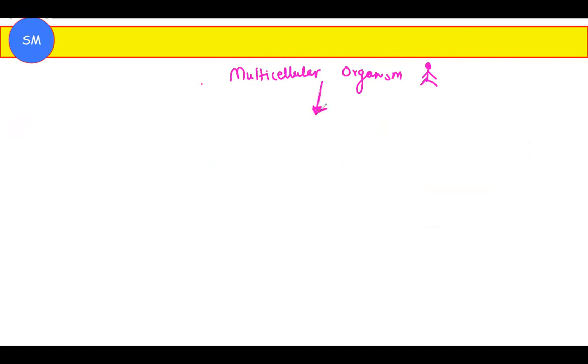So this organism must have been made up of what? Organ systems. Okay.